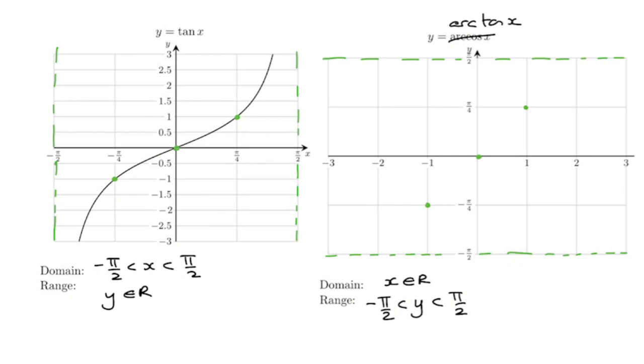And again, the curvature changes. So the graph looks a bit like this when it comes down. It comes down through those points and then finishes down here. And of course, it gets closer and closer to the asymptote as x tends to positive and negative infinity. So that's how we draw those.